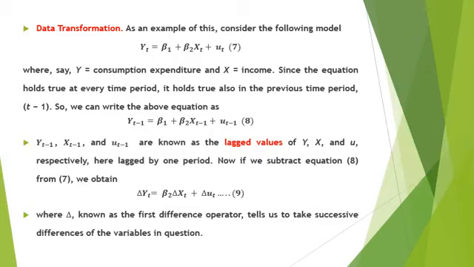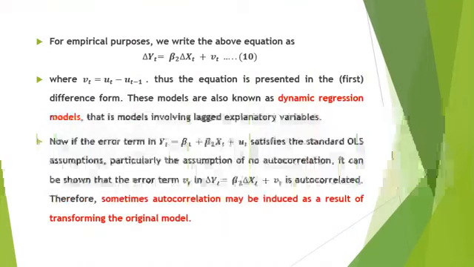It tells us to take successive differences of the variables in question. For empirical analysis, we use the above equation as delta yt is equal to beta 2 delta xt plus vt, where vt is the difference in the error term during two successive time periods. Thus, the equation presented here is in the first difference form.